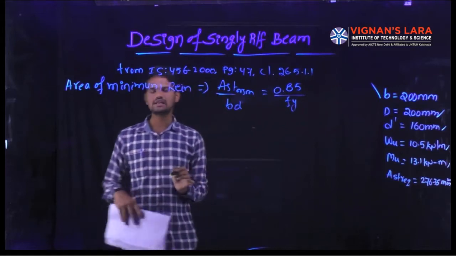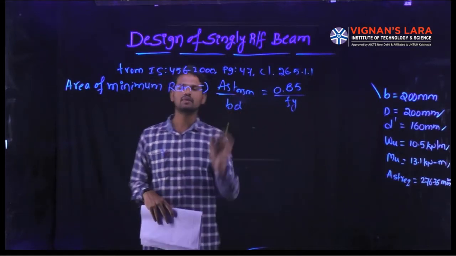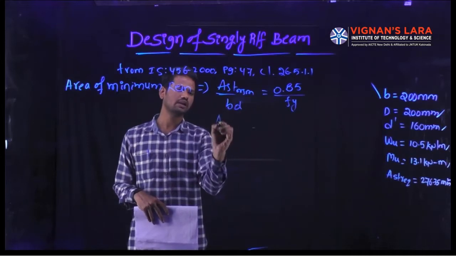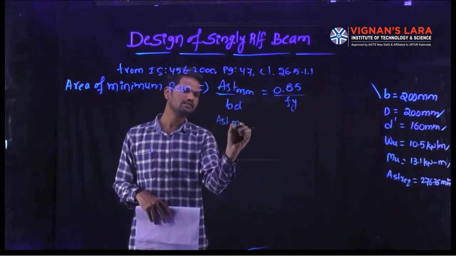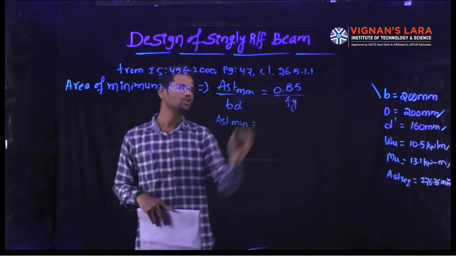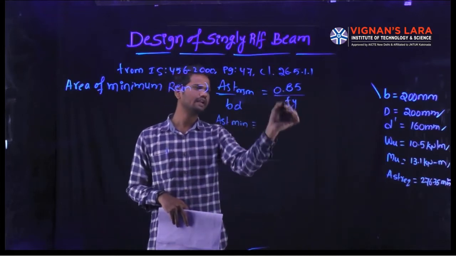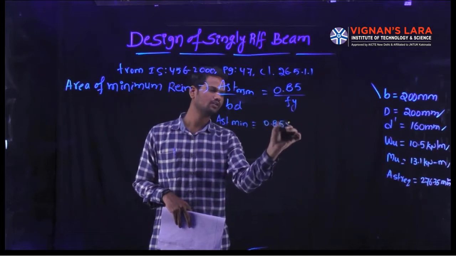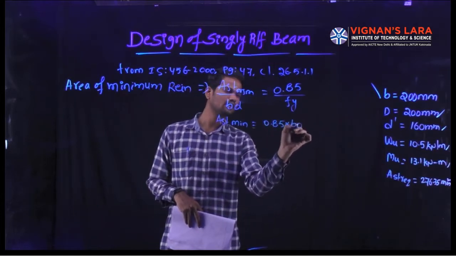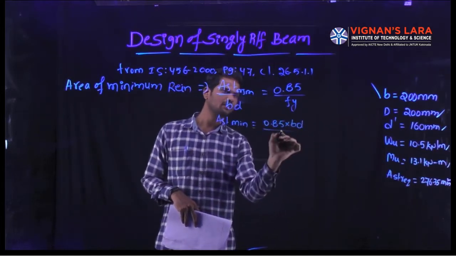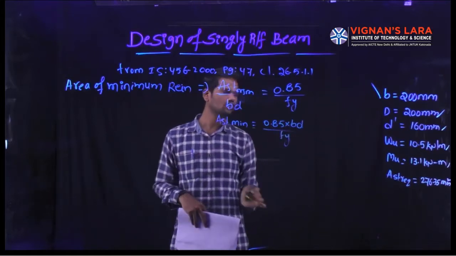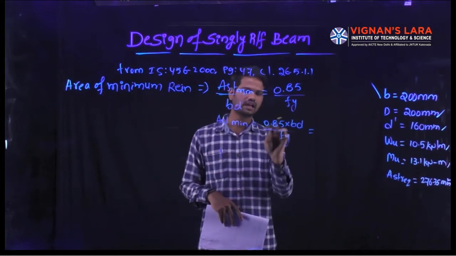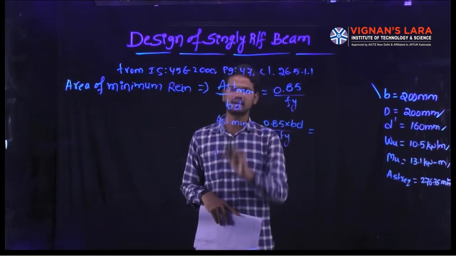From this clause we are calculating the minimum area of the steel reinforcement as A_st minimum equal to 0.85 into BD divided by f_y, where B is the width and D is the effective depth. This is the formula, and from this we have to calculate the minimum area of the reinforcement.